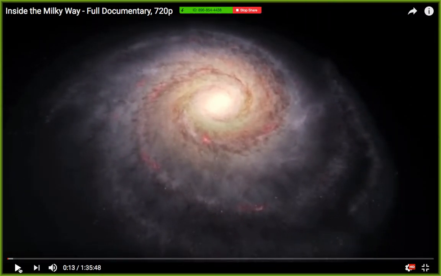Okay, this is a rendering of our Milky Way galaxy. Why can't it be a real one? Well, we happen to be somewhere in the spurs of one of the spiral arms called Orion, pretty much 27,000 light years away from the galactic center. Have we left our solar system?